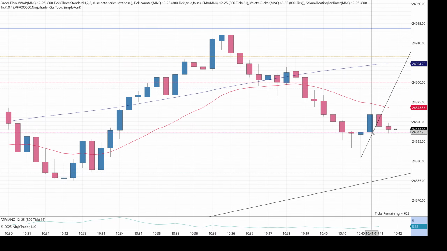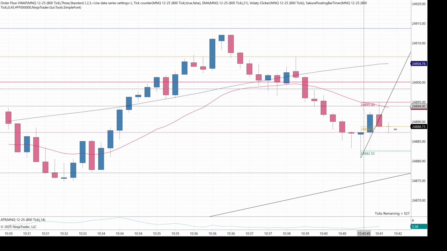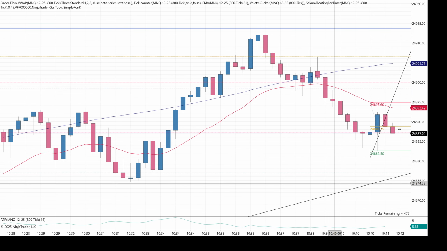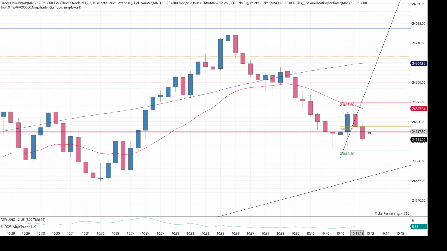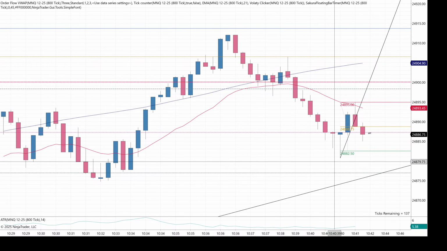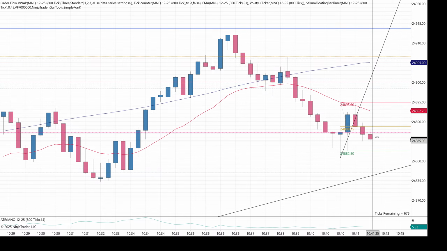It triggered lower here, but the runner was still there, so I mean, it's probably going to work.